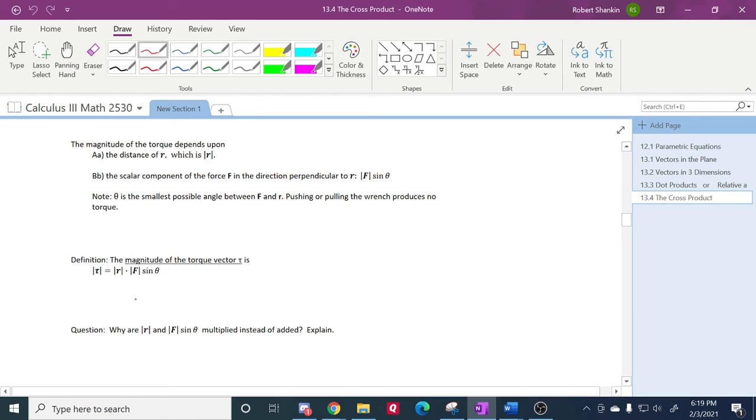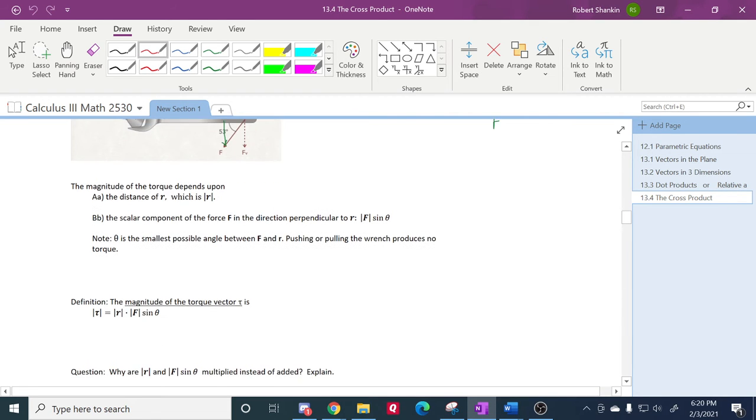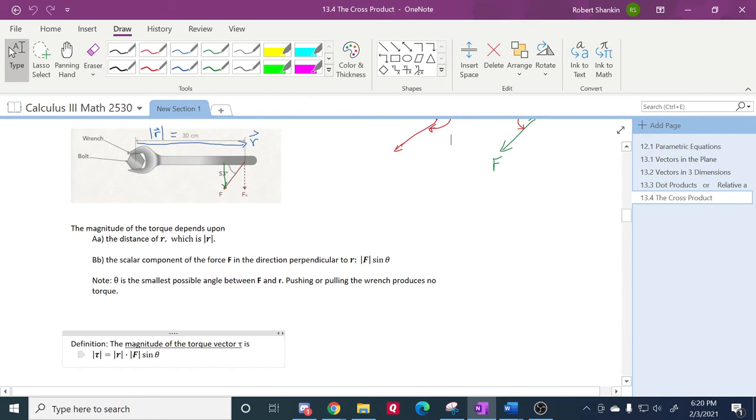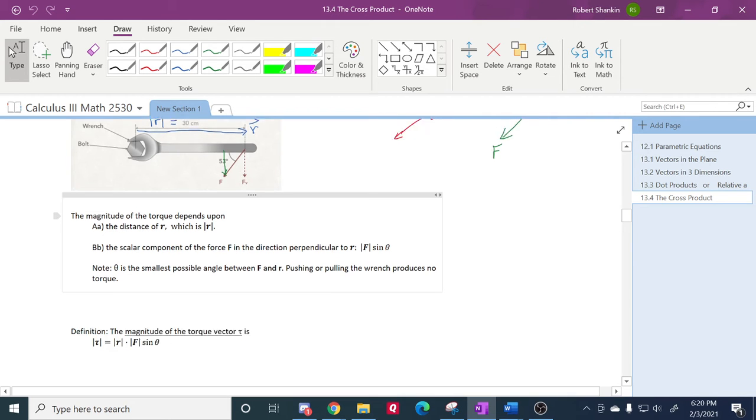Because a very reasonable assertion might be, all right, when R is bigger, you're going to get a bigger torque, and when F sine of theta is bigger, you're going to get a bigger torque. Well, that would be true if you were just adding these together as well. So how do we know that they're actually multiplied together and not just added?